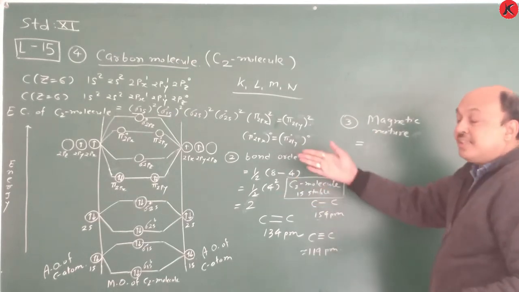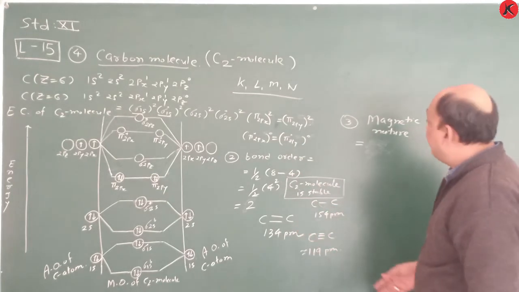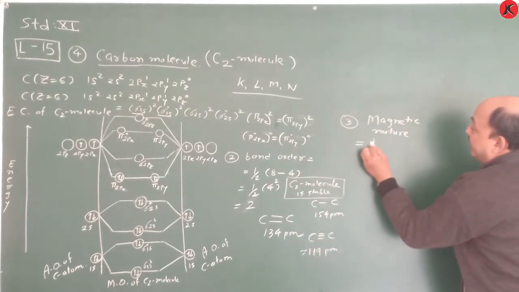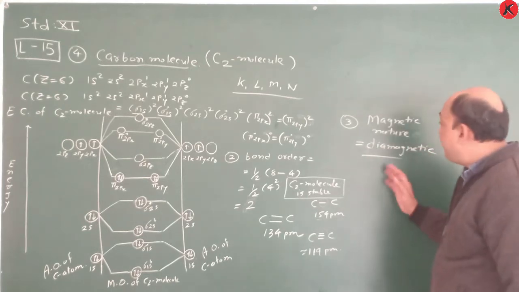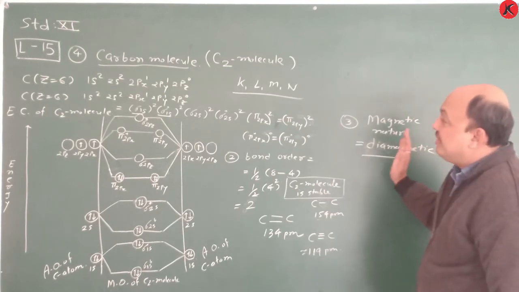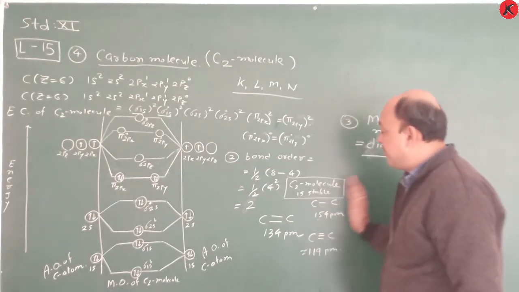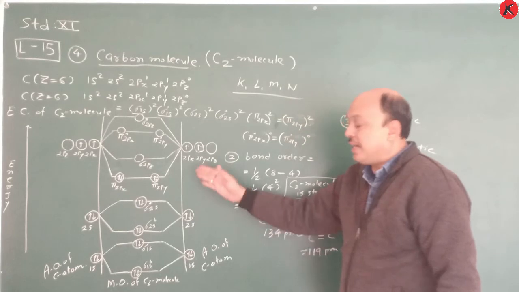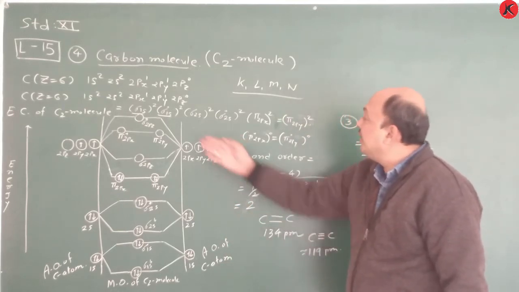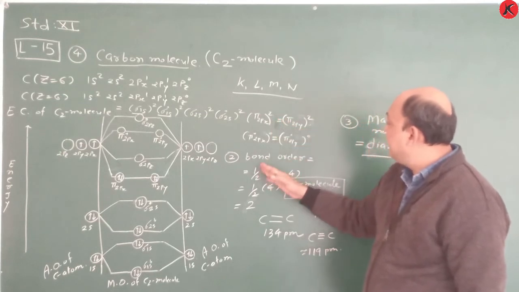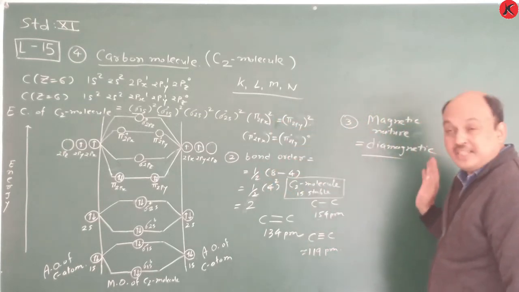But here there are no unpaired electrons, that's why this is diamagnetic. Okay, diamagnetic in nature, and that's why this C2 molecule exists. C double bond C is also formed, and according to that, this is the molecular orbital diagram of the C2 molecule, and this is the electronic configuration. First one, second bond order, and third is the magnetic nature.